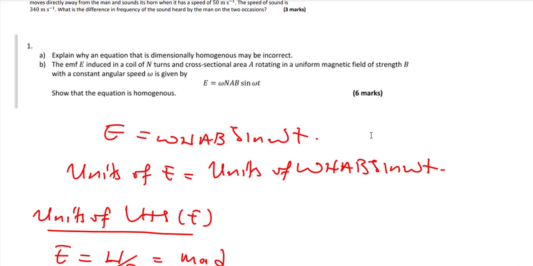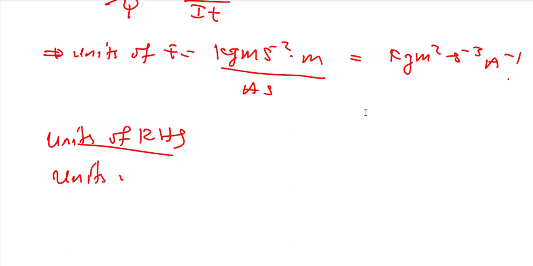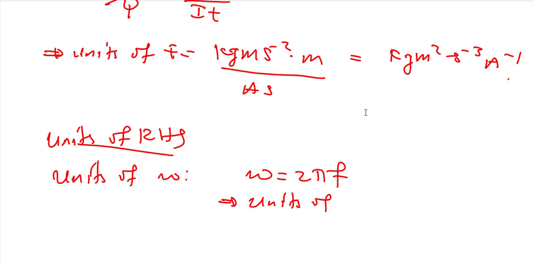Now let's use the units of the right hand side, that's the units of omega NAB. Let's start with the units of omega. Now in circular motion, omega is equal to 2 pi f. 2 pi is a dimensionless constant, so the unit of omega is equal to the unit of f.